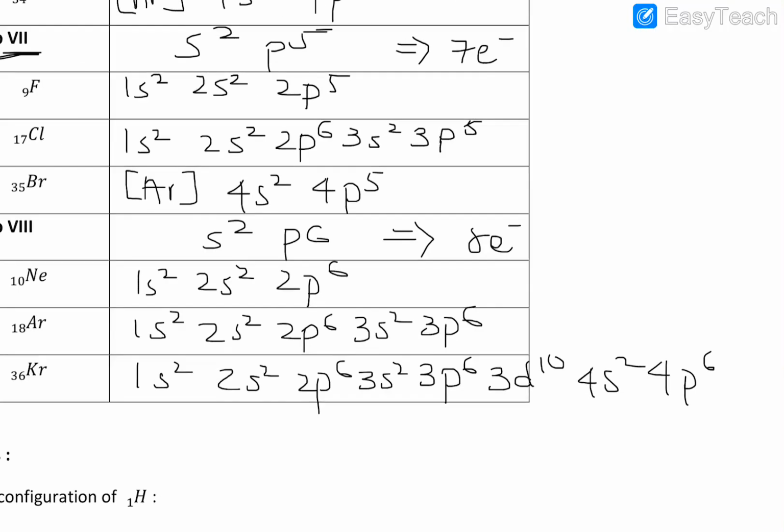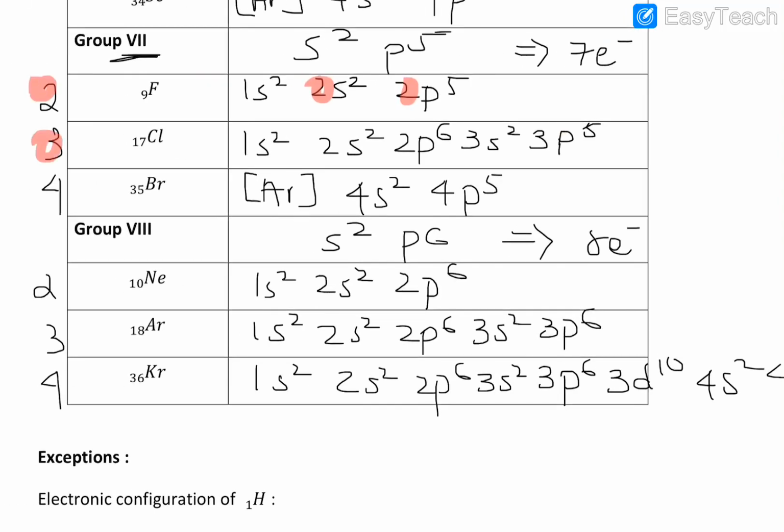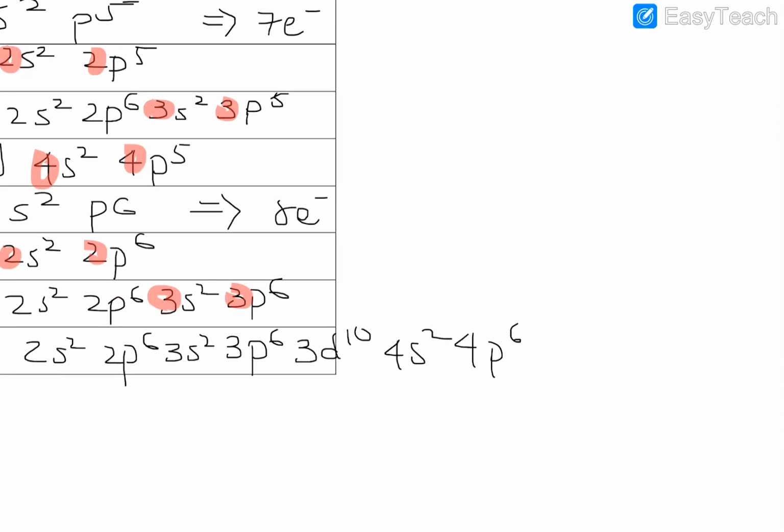You get this from the periodic table. So you can see we're filling in the corresponding energy level: 2, 3, and 4.